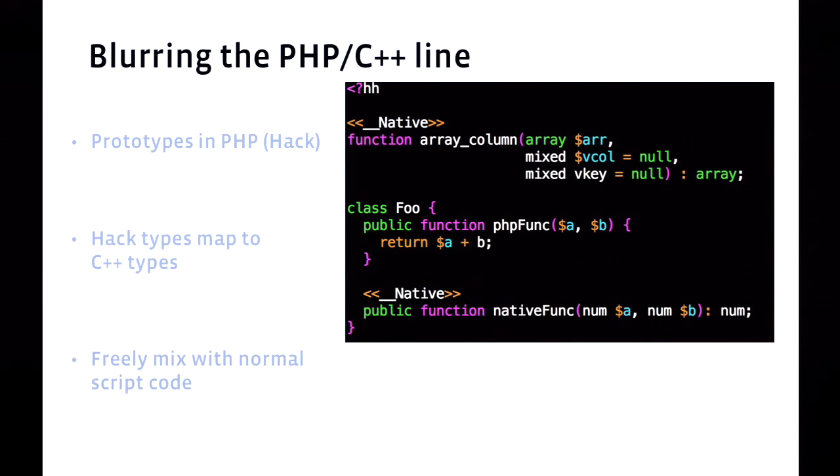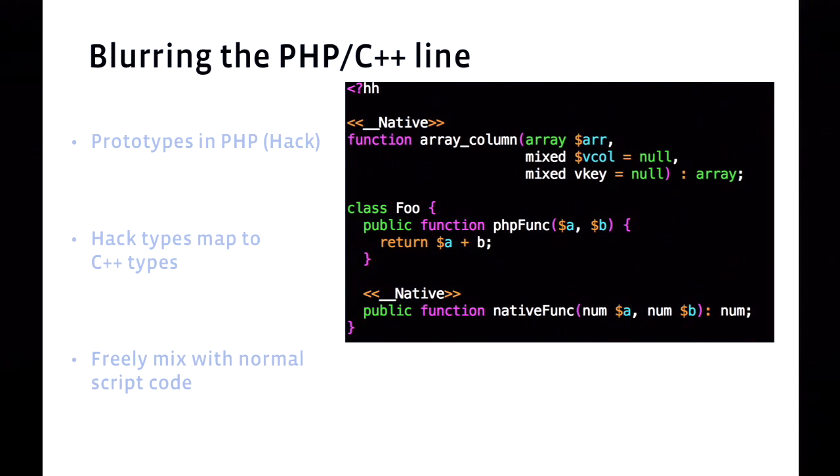I mentioned that we were inspired by JNI, rather. When you declare a function in your PHP file, you don't give it a body. Just terminate with a semicolon, just like it's an abstract function, no braces. But we add this native thing up at the top using those user attributes. Everything's starting to tie together, isn't it? This tells the compiler, I have a function I want to expose. It's a PHP function called arrayColumn.